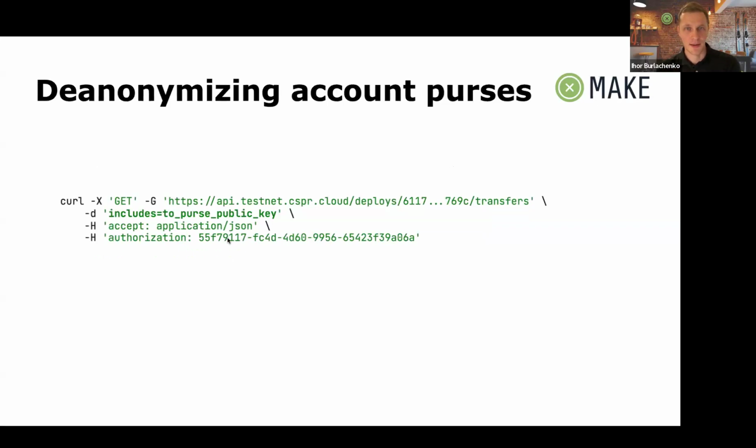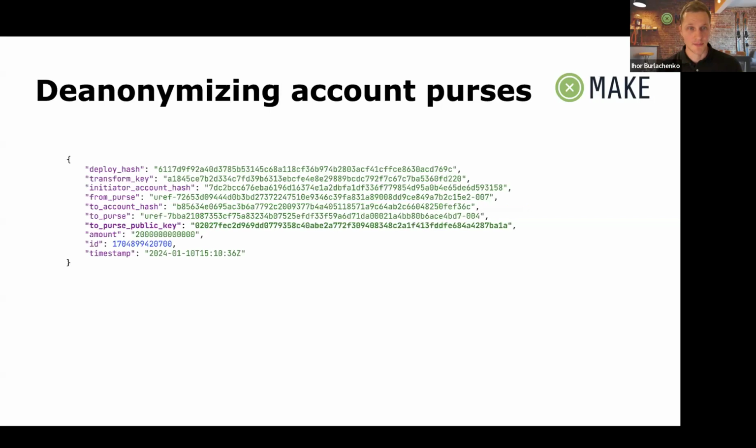You can de-anonymize an account purse to the corresponding account, and if you want to know its public key, it's the same approach: include an optional property. I hope you already see the pattern. If you need extra data related to the entity, you should check what optional data you can add to your response. In the case of a purse, we will translate this purse to the corresponding public key.